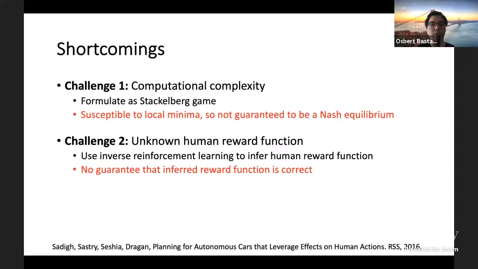So even if you learn a reward function using a data set from some subset of humans, it might not generalize to reward functions in other settings or with other human drivers and so on. So if we can't guarantee that the inferred reward function is correct, then the human might act differently and we can't ensure safety.